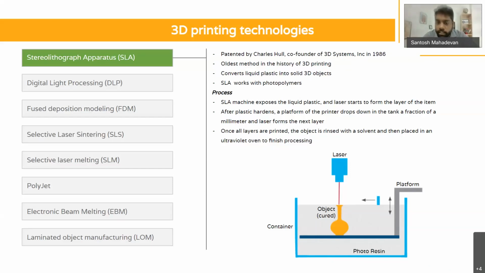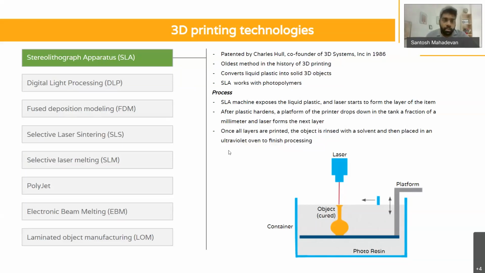Unlike the laser light, the ultraviolet light completes the process of converting the photopolymer into a fully rigid solid. Okay, so this is the SLA process, and it is one of the most fascinating processes I have come across in the 3D printing domain.